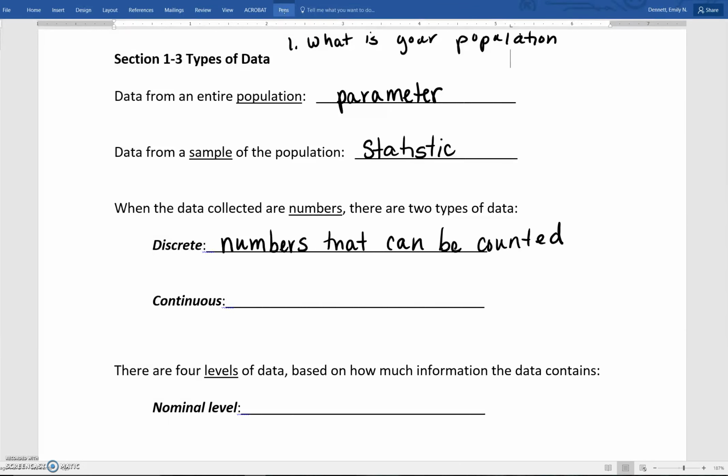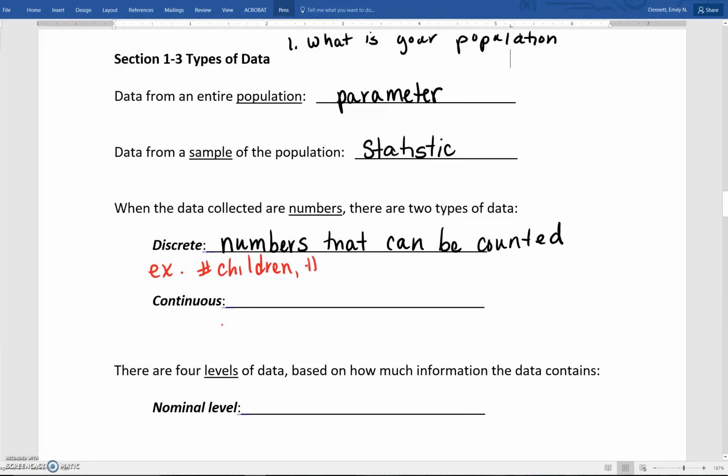For example, the number of children you have. You could say that you have 0 children or 2 children or 3 children, but you can't say that you have 2.5 kids. That doesn't make any sense.